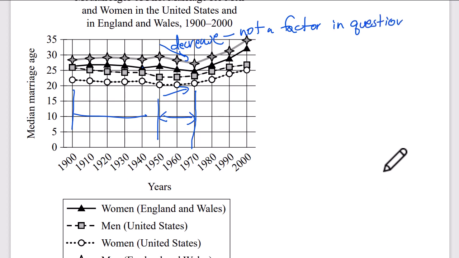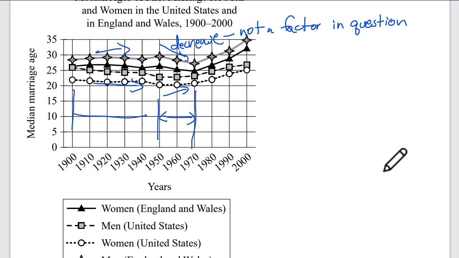So a factor affecting an increase is different from a factor causing a decrease. I may be getting a little picky on that, but literally the definitions here can be very particular. And since this one is technically going down versus this one going up some, probably these are not going to be the right areas. The most salient difference I'm looking for isn't around this 50 to 70 period. That only leaves 1970 beyond.